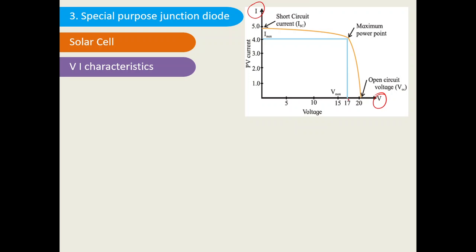Here we get the open circuit voltage VOC, and here the short circuit current ISC. This is the maximum power generated, which is the maximum voltage Vmax multiplied by Imax, because power is equal to voltage multiplied by current. Power is maximum if both current and voltage are maximum, so maximum power is equal to Imax multiplied by Vmax.